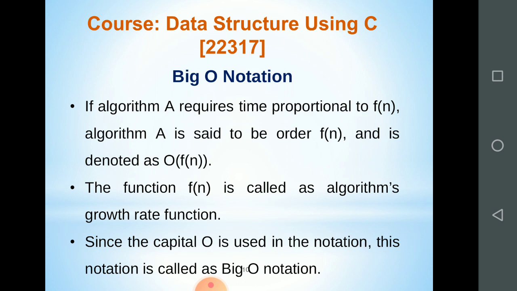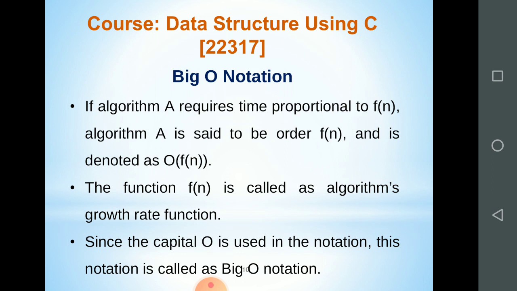So what is big O notation? If algorithm A requires time proportional to f of n, meaning some function of n, then algorithm A is said to be of order f of n, denoted as O of f of n, that is, big O of function of n. The function f of n is called the algorithm's growth rate function.